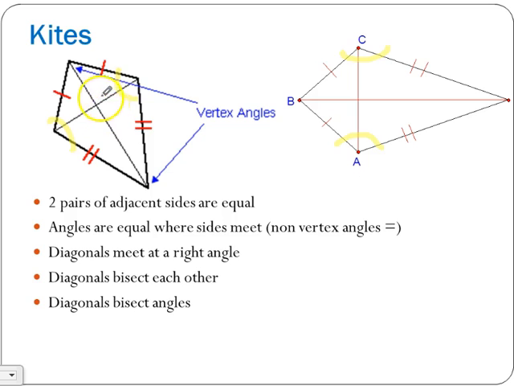The diagonals are always going to meet at right angles, and the diagonals bisect each other. One right here, those are the only set that bisect each other. One set does. And then the diagonals bisect the, I should say vertex here, vertex angles.